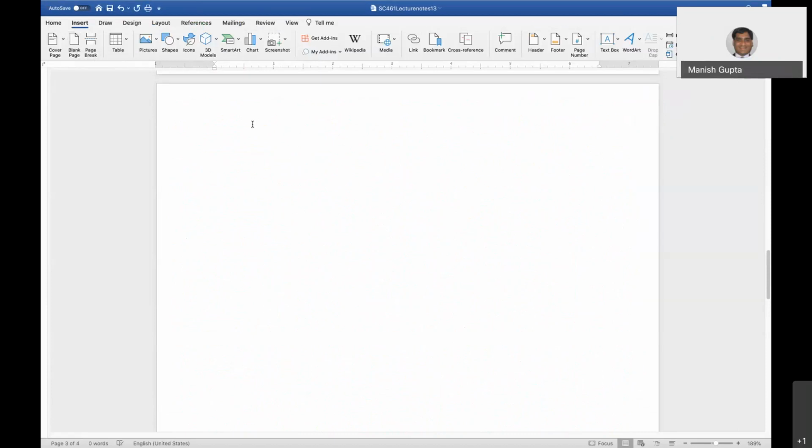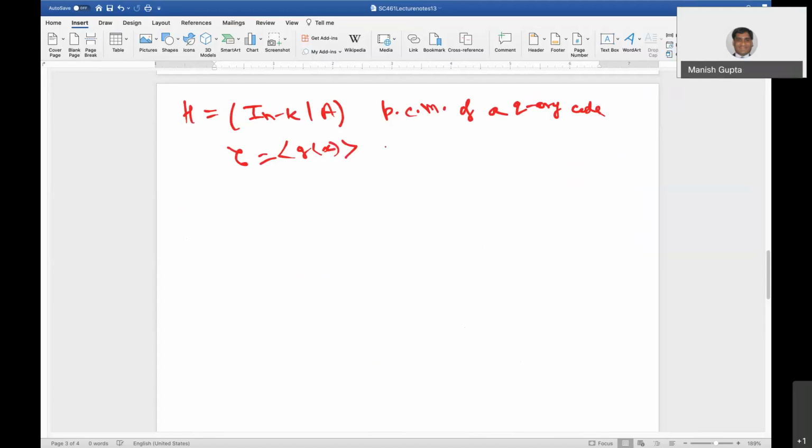Okay, so if H is a parity check matrix, (n minus k) by n, of a q-ary cyclic code C generated by g(x), then the syndrome of a vector w which belongs to F_q^n is nothing but w(x) reduced modulo g(x).